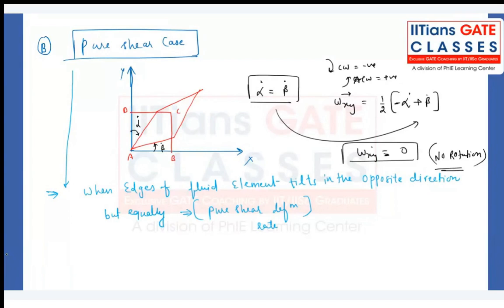Can we call this pure shear case an irrotational flow? Irrotational flow means where omega is zero, there is no vorticity, because vorticity is two times omega. If this is zero, this will also be zero. So all the conditions point towards the irrotational case. But for an irrotational case, there has to be one more condition.